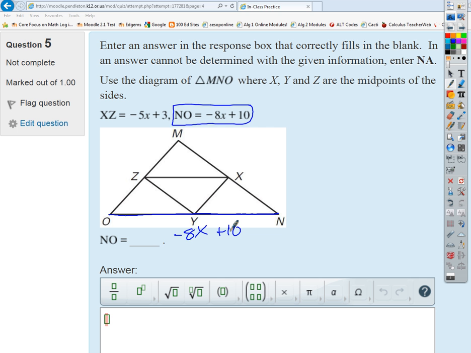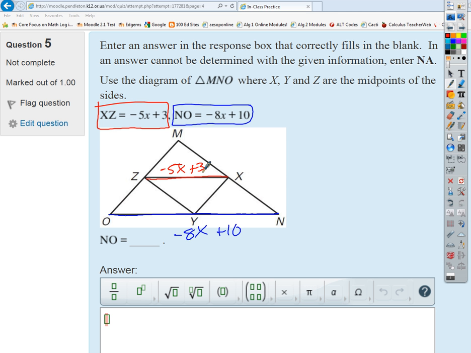They tell us the length of XZ, let's make that red, is negative 5x plus 3. Now, what's our strategy for dealing with a problem like this? We're supposed to find the length of a segment, so that's a number, isn't it? We're going to fill in a number. How are we going to do that?